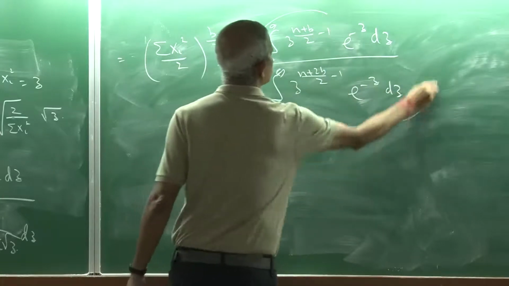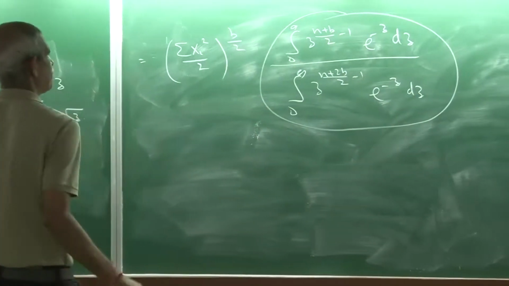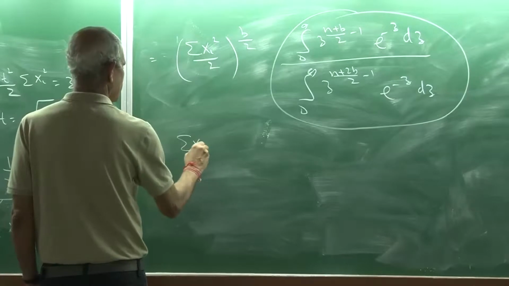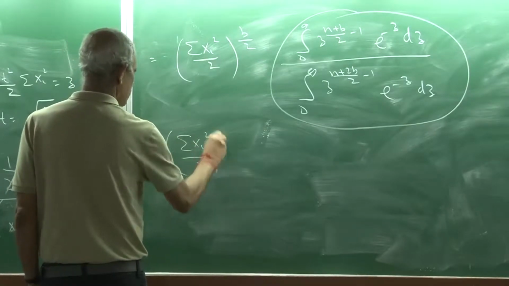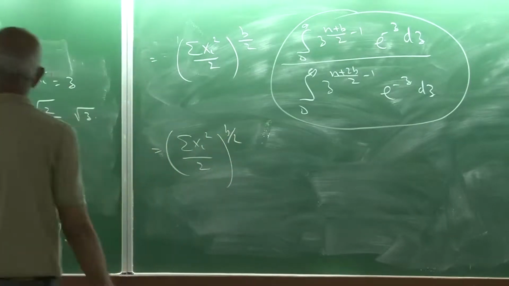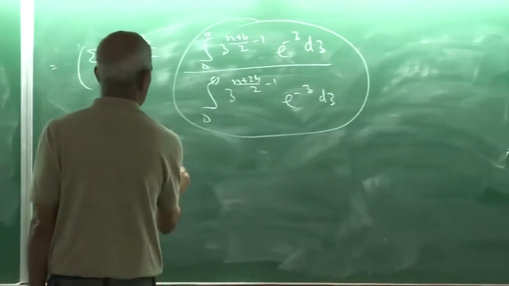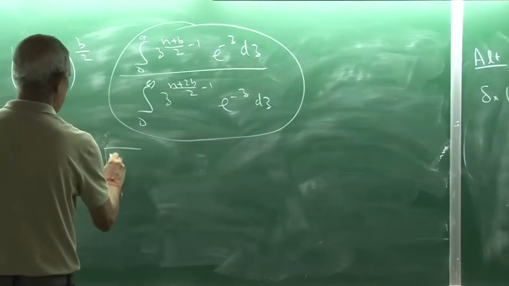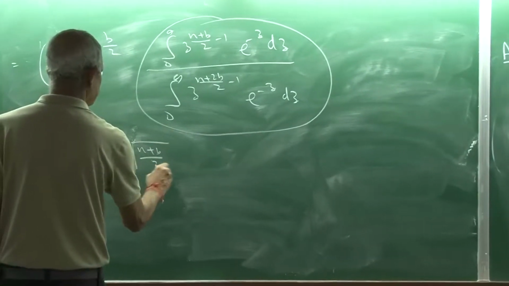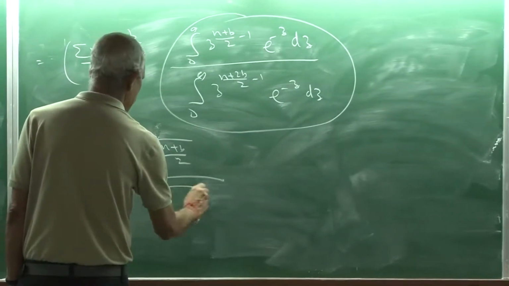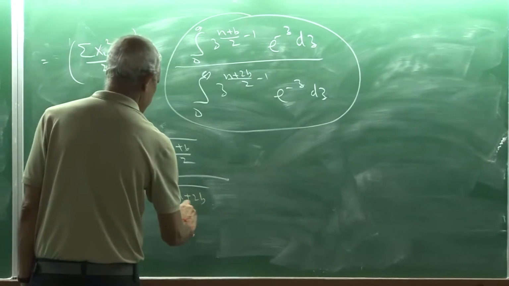These are constants which involve the gamma function. So this becomes summation xi square by 2. I hope I have not made any calculation mistakes. And this becomes gamma of n plus b by 2 divided by gamma of n plus twice b by 2.